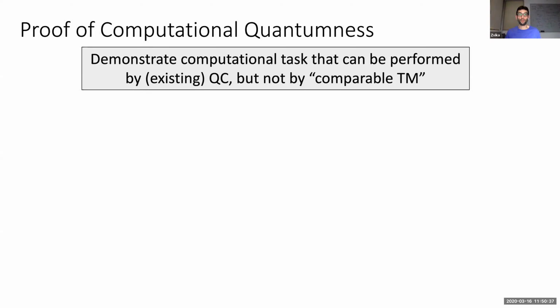So how can we do proof of quantumness? One thing is to just use Shor's algorithm. As I said, we have a quantum polynomial time algorithm for these problems that we don't believe to have a classical algorithm, or at least none is currently known.